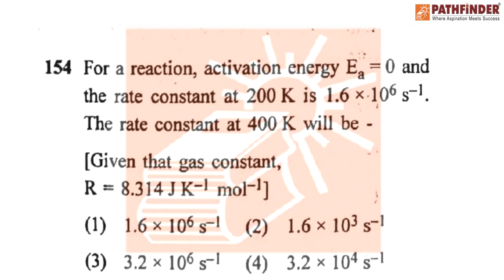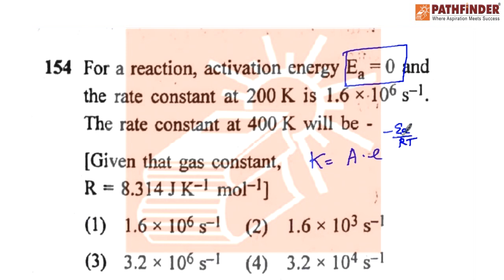Next, for a reaction, activation energy EA is 0. See, it is a very easy funda, because if EA is 0, then ultimately the rate constant cannot depend on temperature. If we increase or decrease the temperature, there will be no effect, because we know that K is equal to A into e to the power minus EA by RT, right?